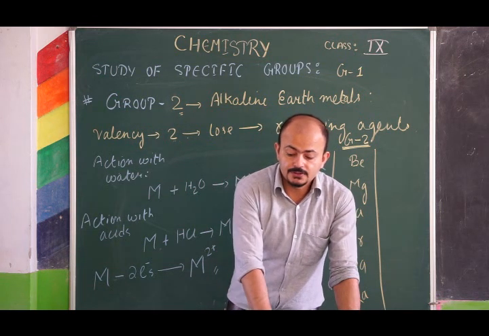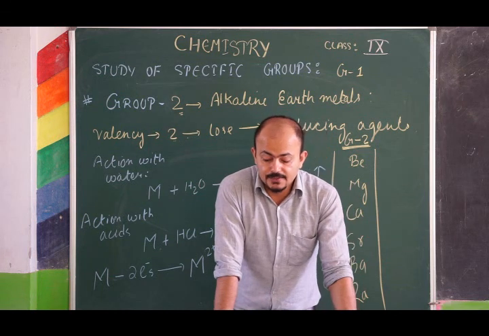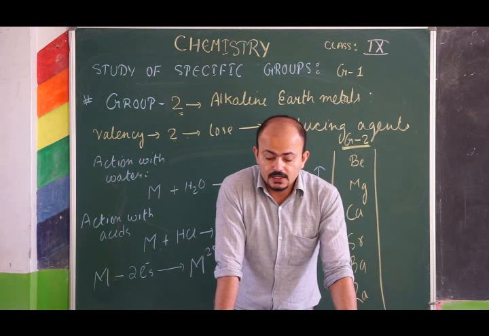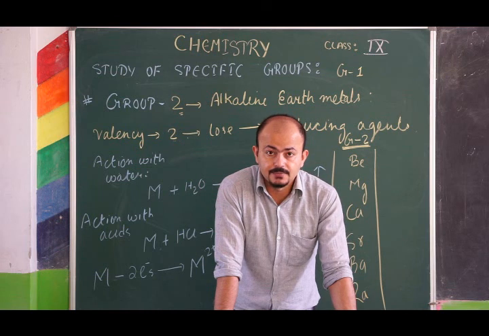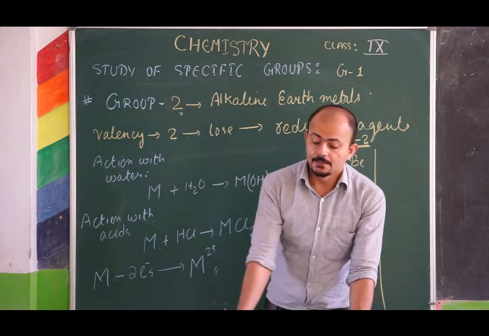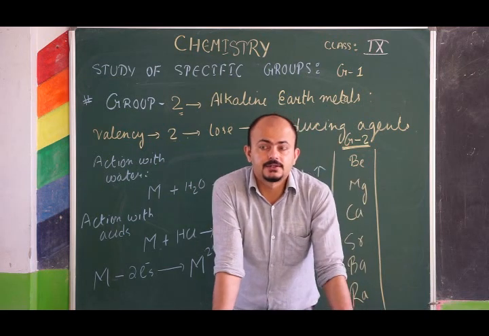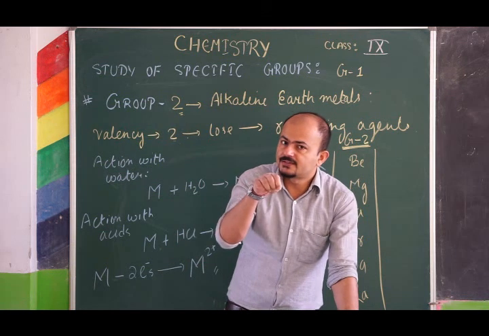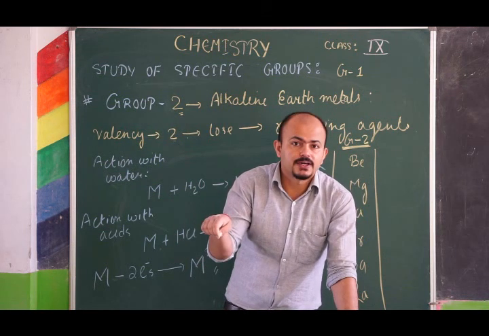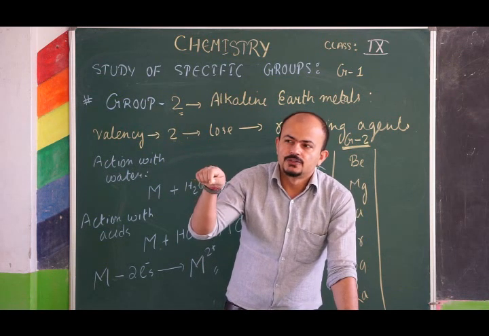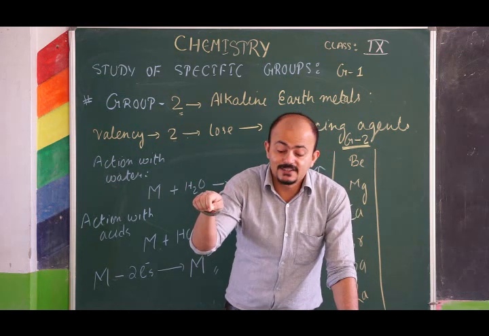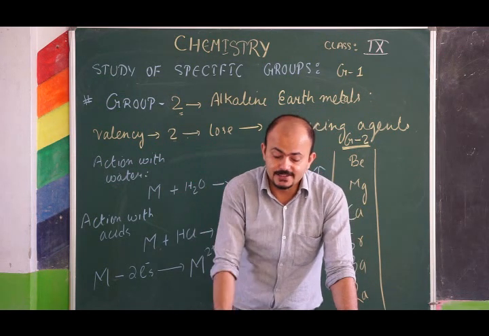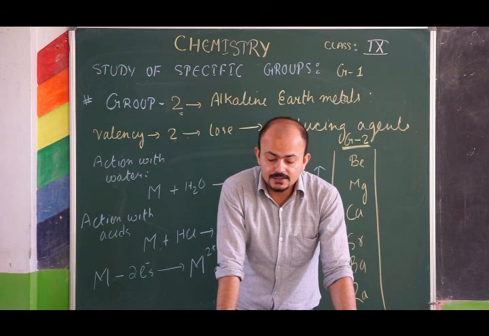Now, an exception: except beryllium and magnesium, all other alkaline earth metals impart color to the flame. Like calcium will give you brick red color. Whenever you take a pinch of calcium on the tip of a platinum wire and take it near the flame, you will see that the color of the flame changes and it becomes brick red if it is calcium.